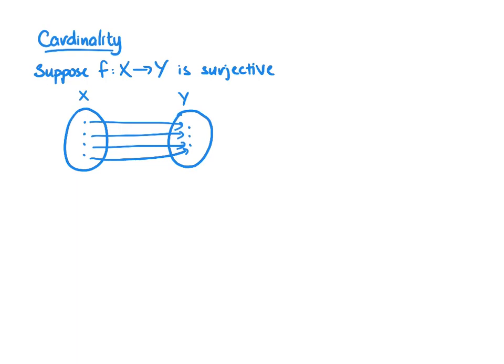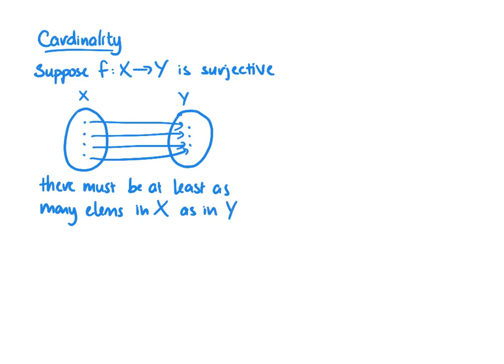But the point is, if f is surjective here, or if there exists a surjective function from x to y, there have to be at least as many elements in x as in y. That's the only way we're going to be able to hit everything in y. So there must be at least as many elements in x as in y.